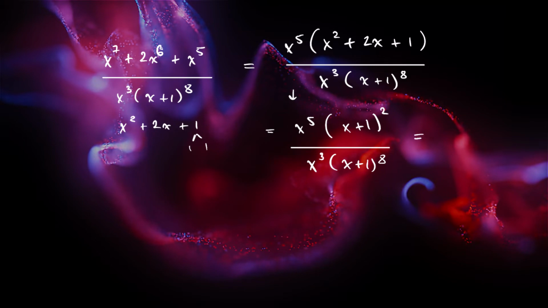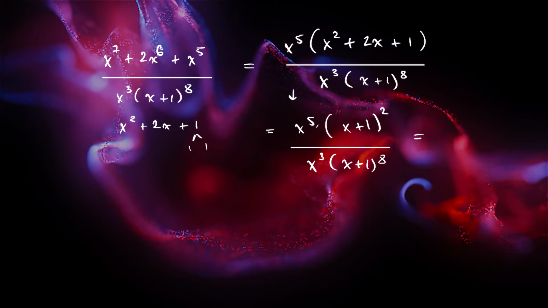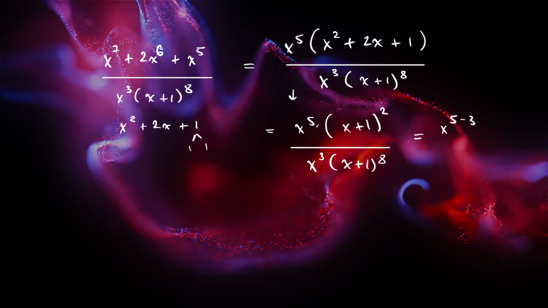So if we compare our lone x terms here, x to the power of 5 divided by x to the power of 3, the x goes on the side with the higher degree, which is x to the power of 5. So we would have x to the power of 5 minus 3. Remember that when we divide two exponents, we actually subtract them from each other, right?